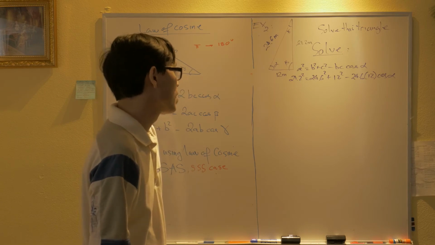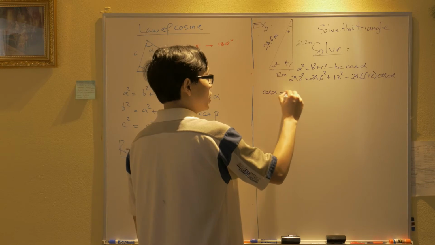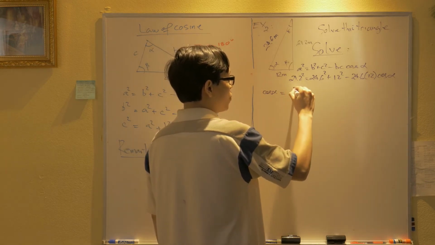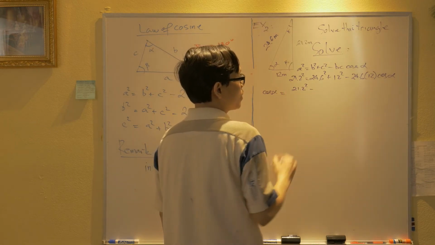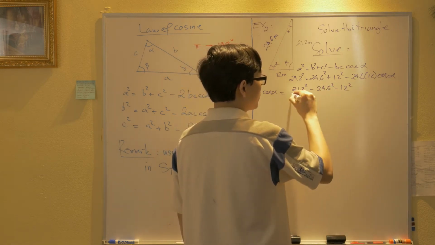Okay. So I can get cosine alpha will be 21.2 squared minus 24.6 squared minus 12 squared, right?